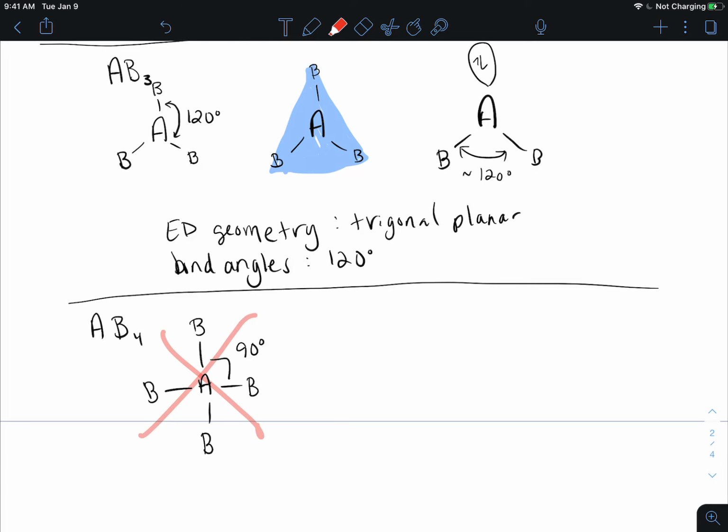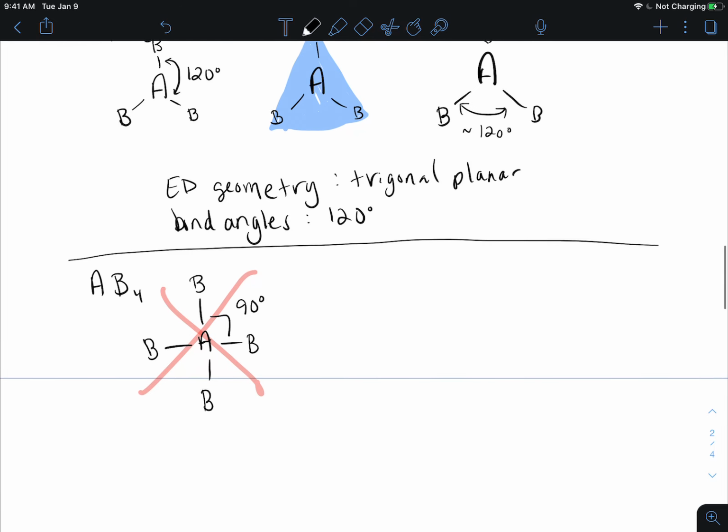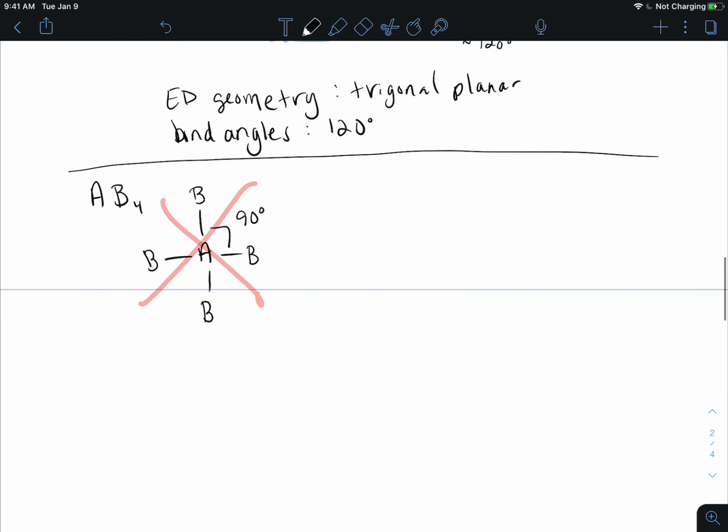Because what we have to remember is we have a 3-dimensional space, right? So now we can go into a 3rd dimension and get our atoms or electron domains as far away as possible. And we would write this on paper by putting what we call a wedge and a dash.